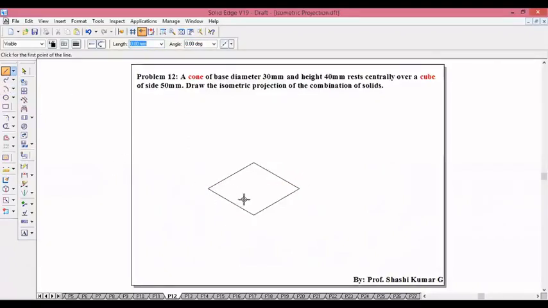Then from every corner you take the height also 50, because for a cube all sides are equal. So 50 at minus 90, 50 at minus 90, and join to the remaining corners.